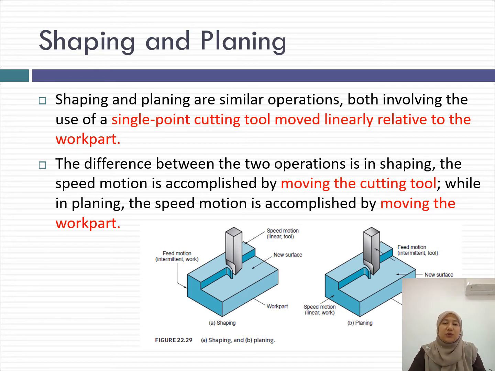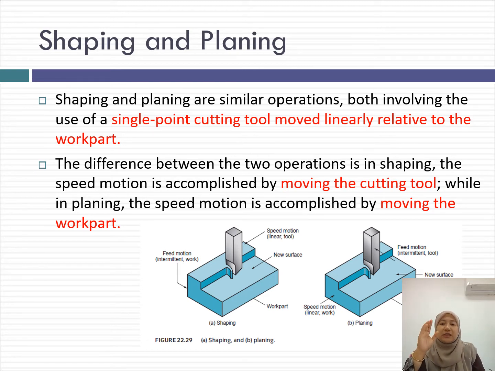The difference between the two operations is in shaping, the speed motion is accomplished by moving the cutting tool. So the workpiece is static, and the cutting tool is moving back and forth. While in the planing process, the speed motion is accomplished by the moving of the work part.